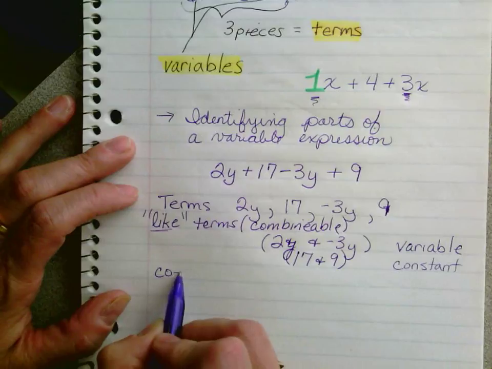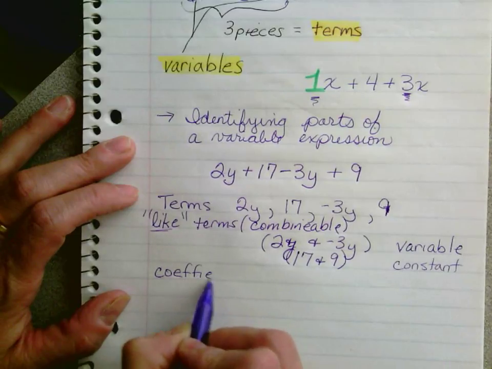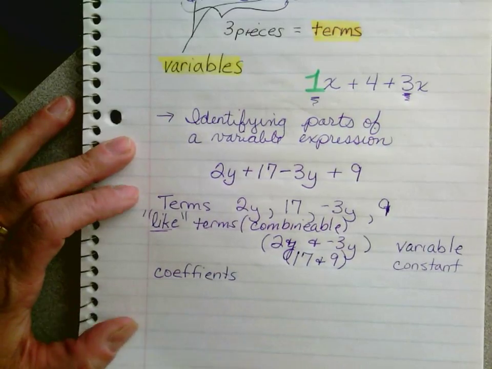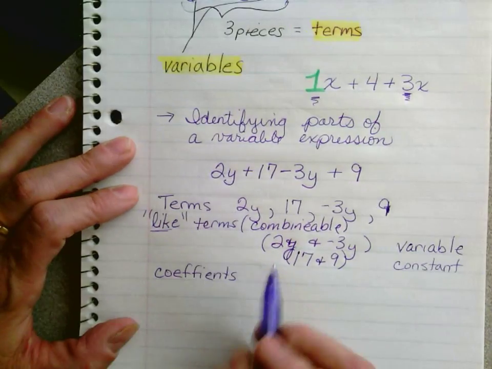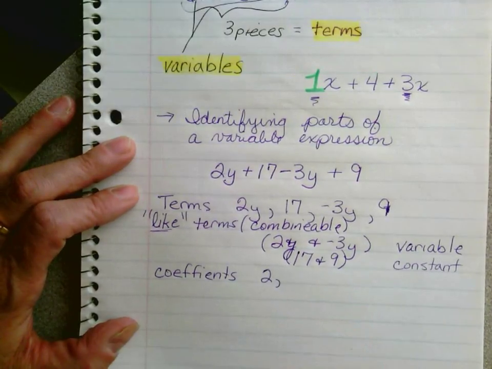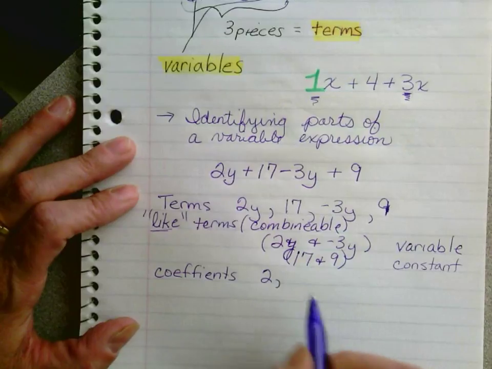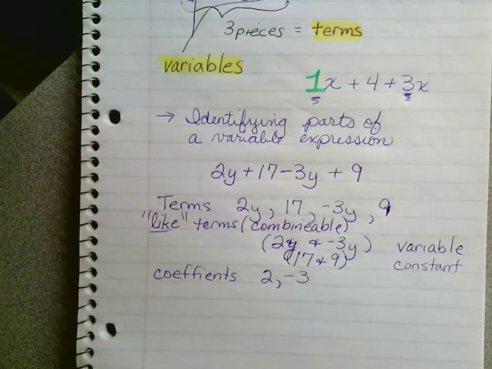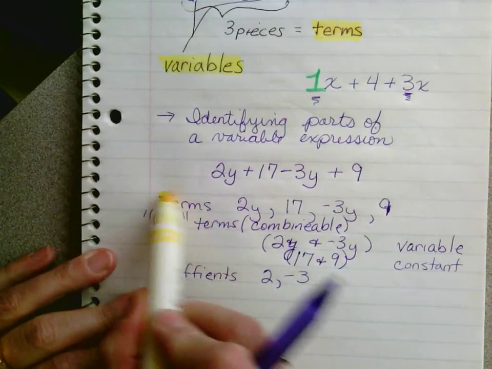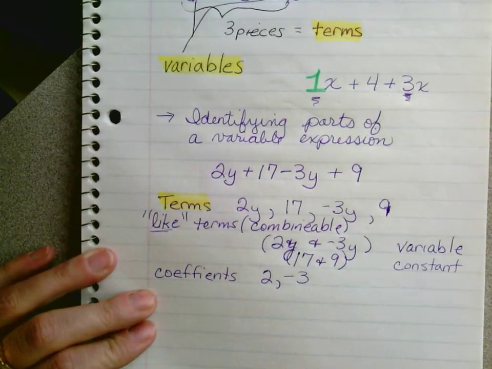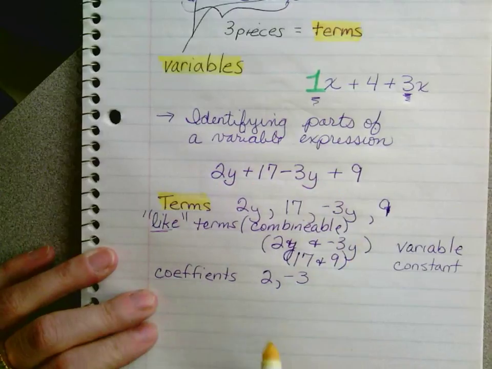Coefficients, the numbers that precede the variables. I have a 2, and I have a negative 3. Those are the coefficients. So if I ask for terms, you give me all of the pieces that are there.